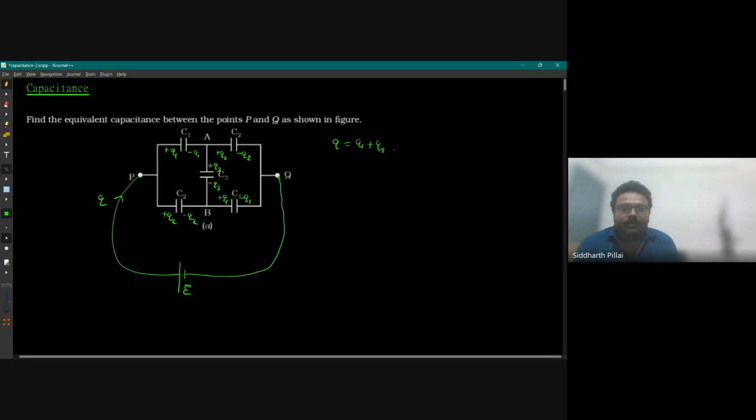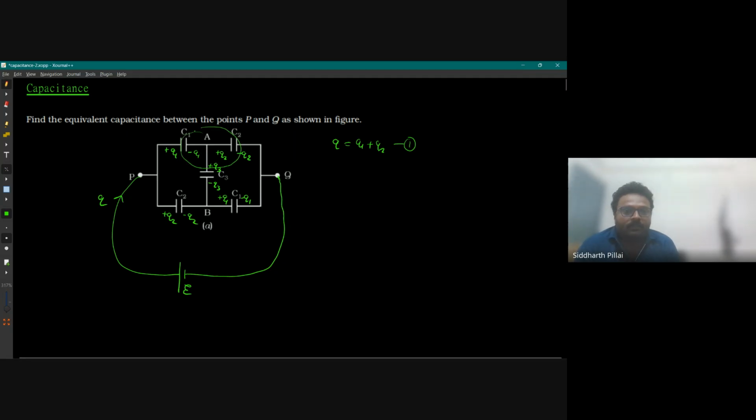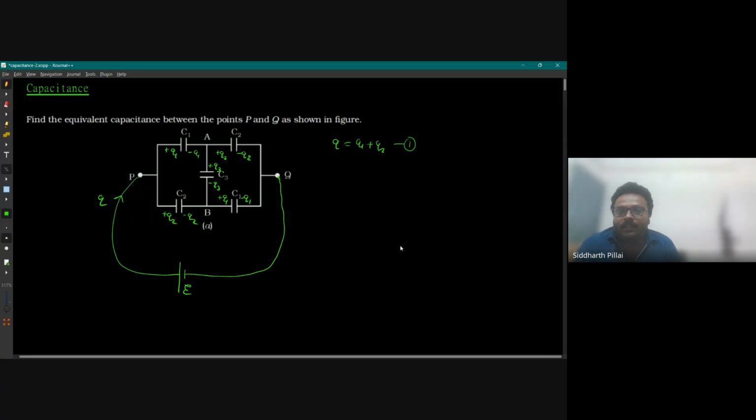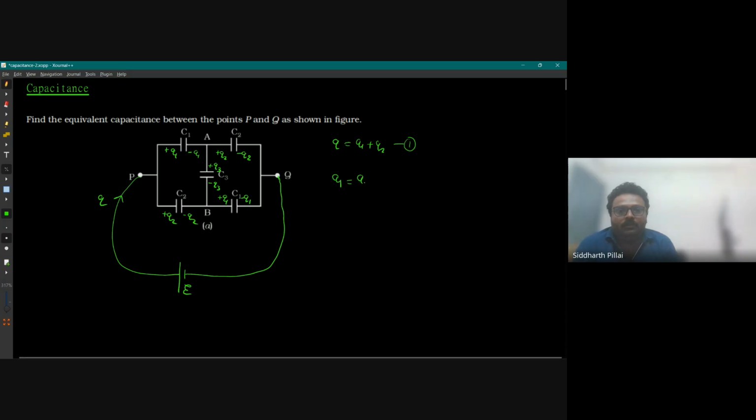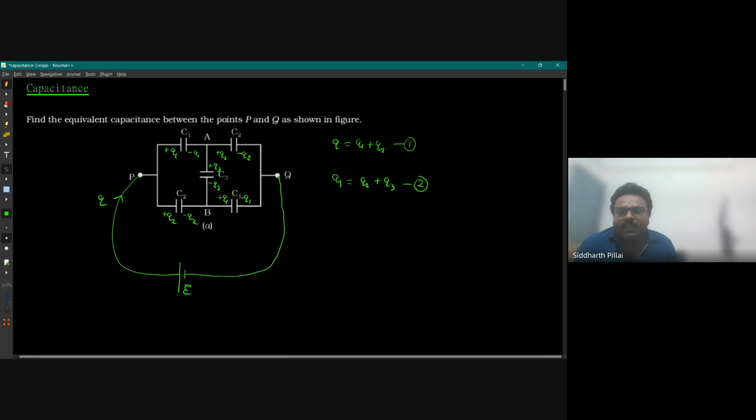That gives me one equation from the junction law at P or Q. The junction law at A: just take this conducting island from here to here. The net charge should be 0 on that conducting island. So that gives me minus Q1 plus Q2 plus Q3 equals 0, or Q1 equals Q2 plus Q3. That gives you the second equation.